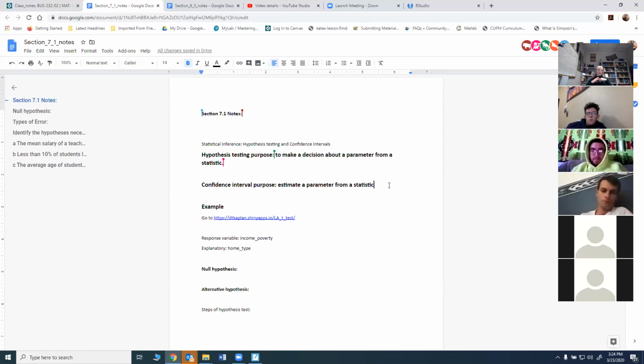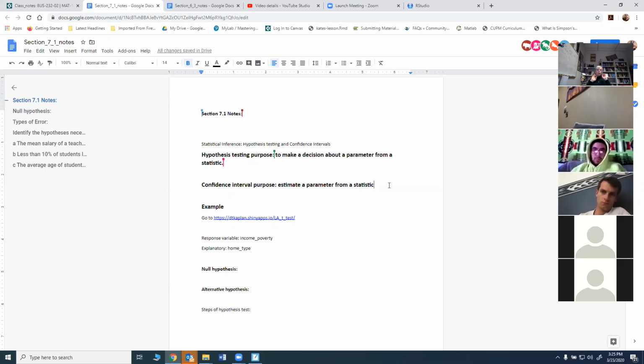So as an example, if we wanted to look at what percent of people are planning on voting in the election this fall, we could take a sample and ask a bunch of people if they're going to vote in the fall, but we don't know until the voting actually happens what really happens. But we can estimate it. We can say, hey, we think this many people are going to vote based off of this idea of a confidence interval.